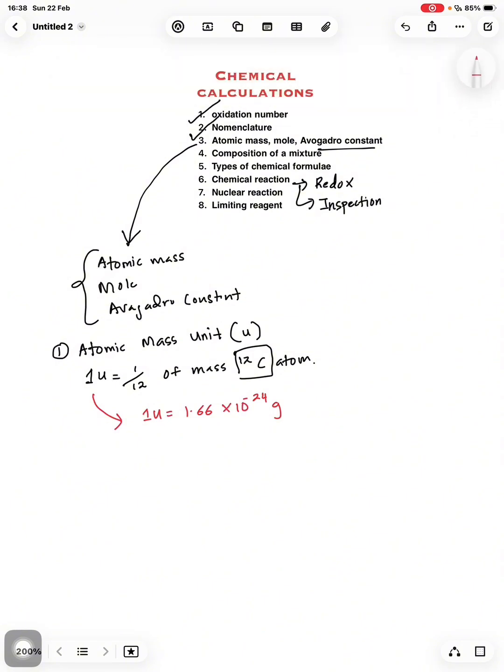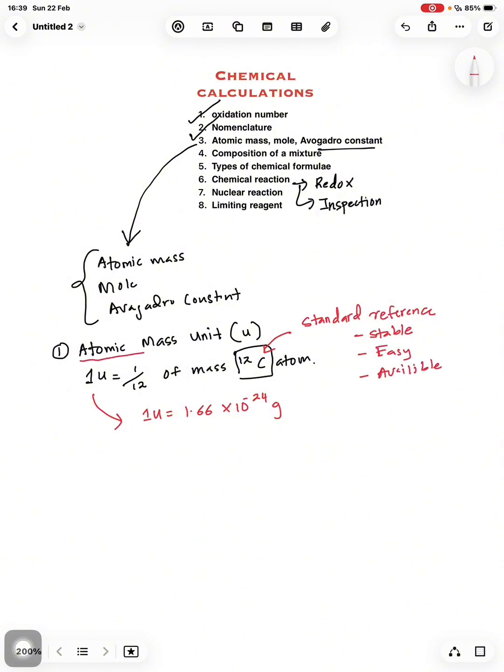Now you might wonder why carbon-12, because it is used as the standard reference. Just like 1 meter is defined using a standard, right? Carbon-12 is chosen because it is stable and easy to measure, and then it is always available in nature.